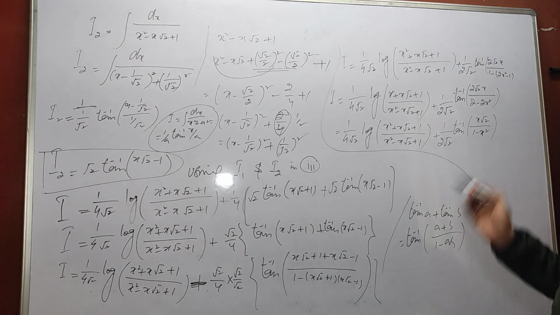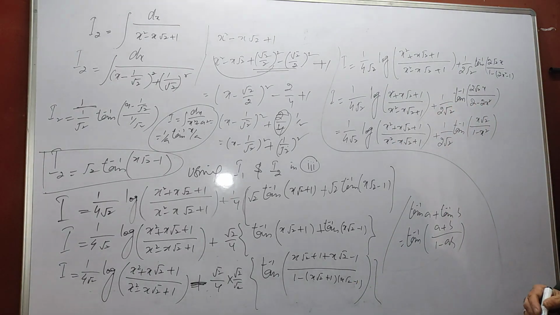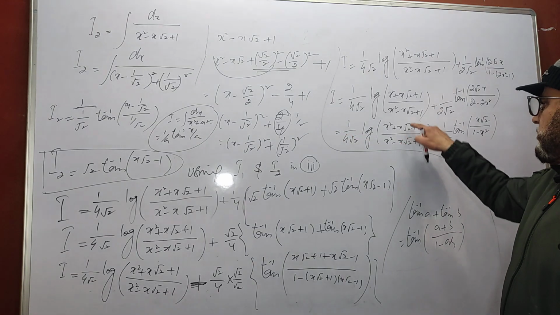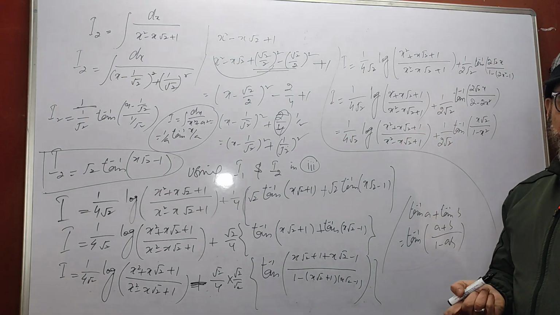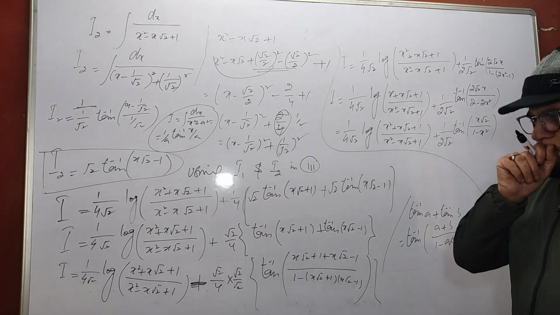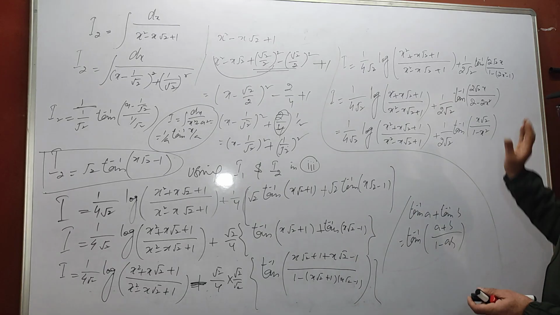This is actually the result in complete form, but so far as your answer is concerned, it has a minus, and x square minus x root 2 in the numerator and denominator. We can do it: log of m by n, you can write as minus log of n by m. Use that formula. This is the result in complete form.